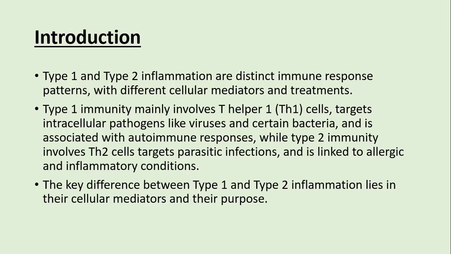While the type 2 inflammation is started by T helper 2 cells, and it is mainly against the parasitic infections, but it is important in the pathogenesis of allergic conditions and several inflammatory conditions. The key difference between the type 1 and type 2 inflammation lies in their cellular mediators and their purposes.